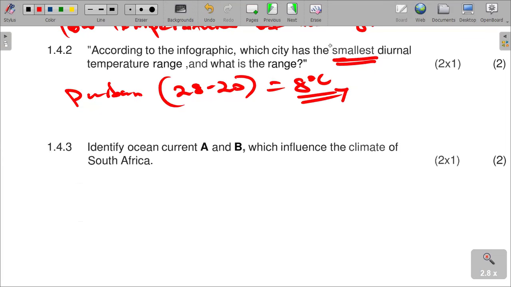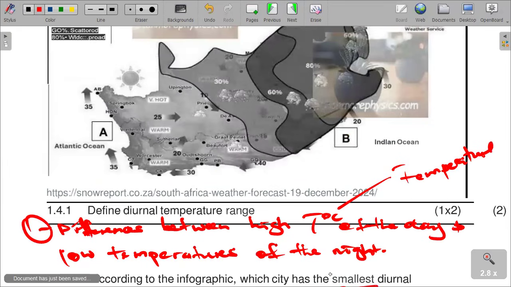So, identify the ocean currents A and B, which influence the climate of South Africa. I had also given this before.